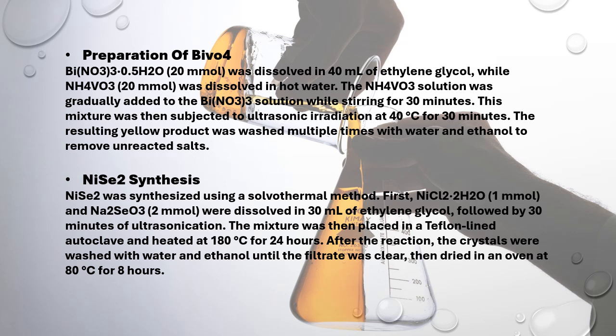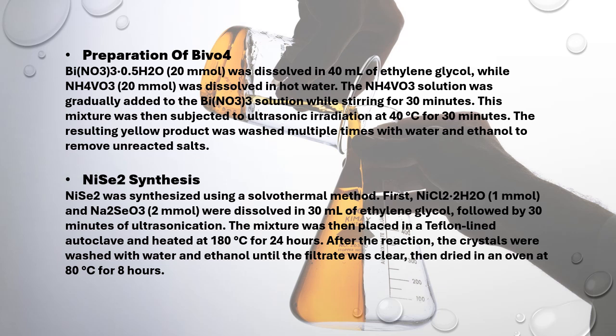For the synthesis of nickel selenide, it was synthesized using a solvothermal method, in which nickel chloride dihydrate and sodium selenide were dissolved in 30 milliliters of ethylene glycol, followed by 30 minutes of ultrasonication.